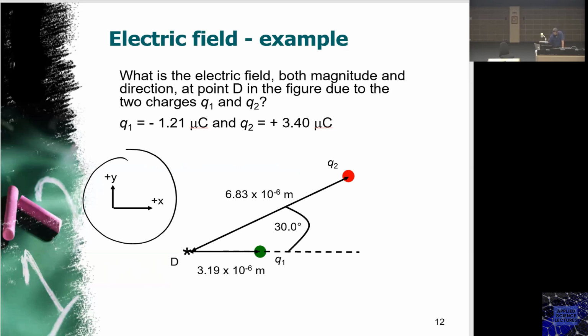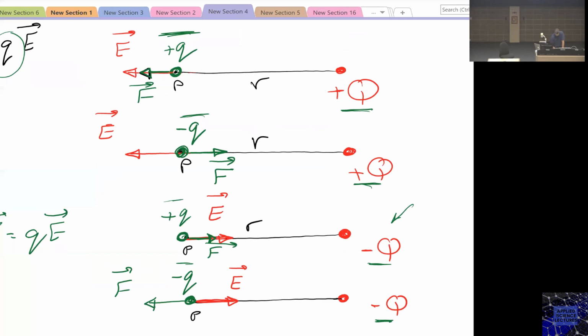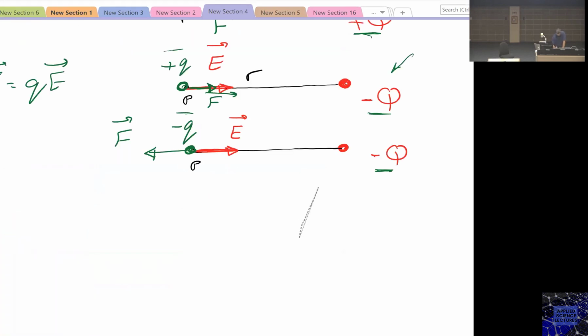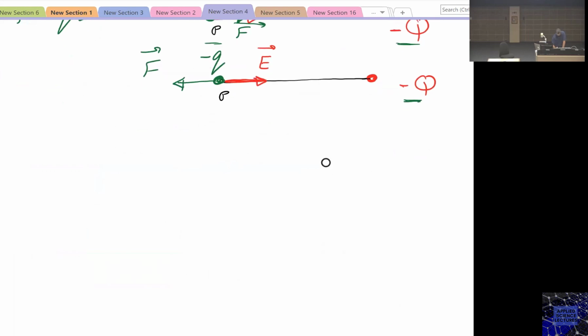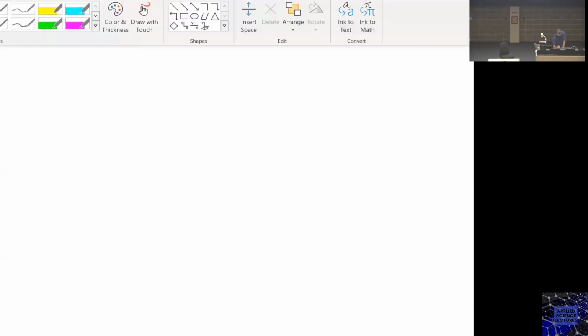So, how to solve this problem? Let me draw this. I have a Q2. I have a Q1.